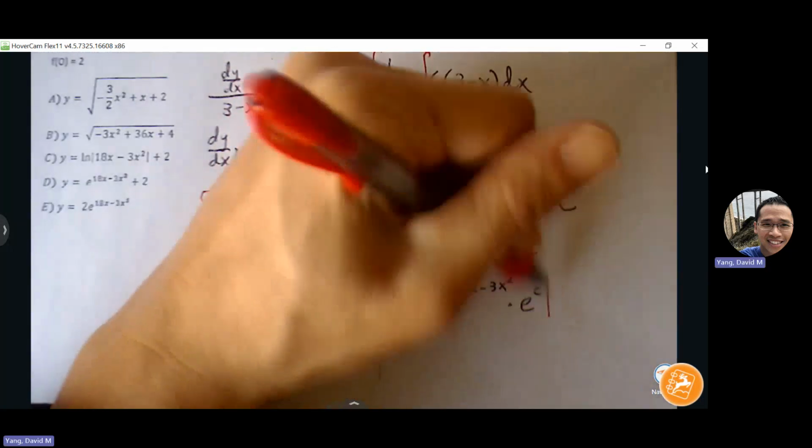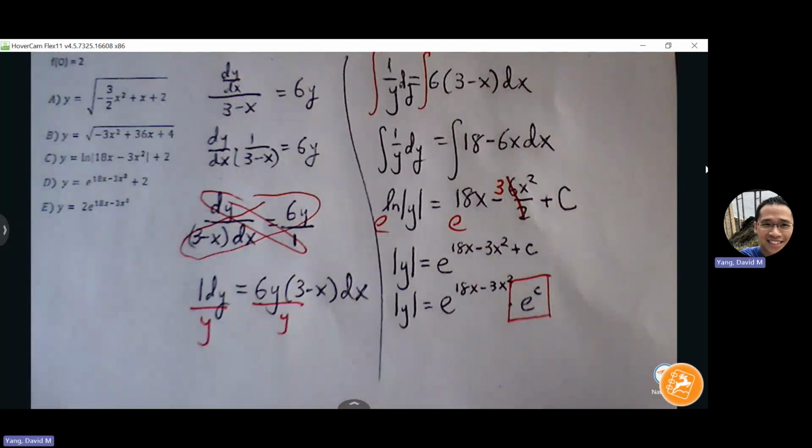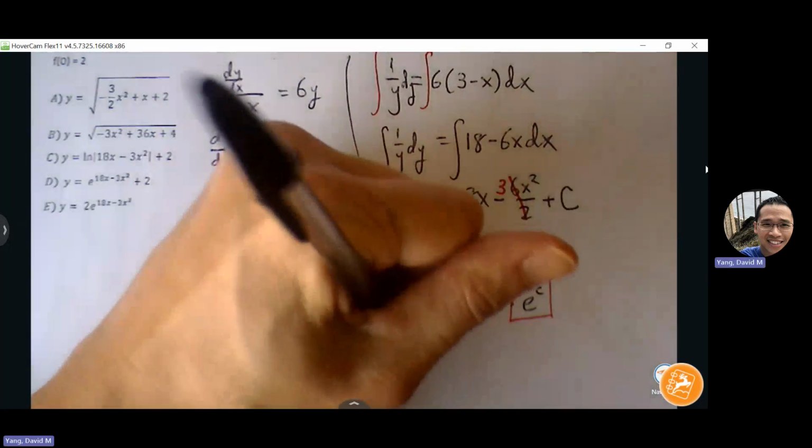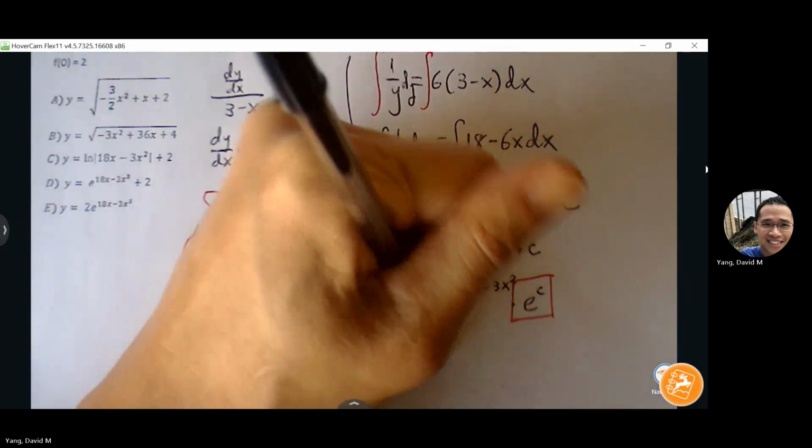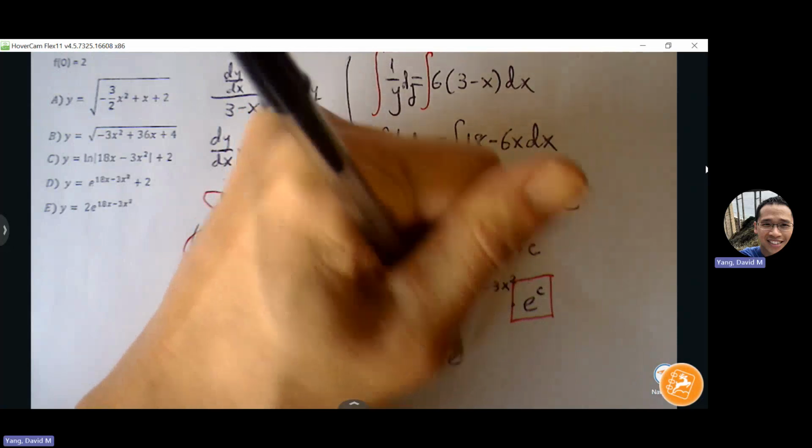We know e to the c will just become c. We can pull the c out in front. We can drop the absolute value. The plus and minus get taken in by that c value.